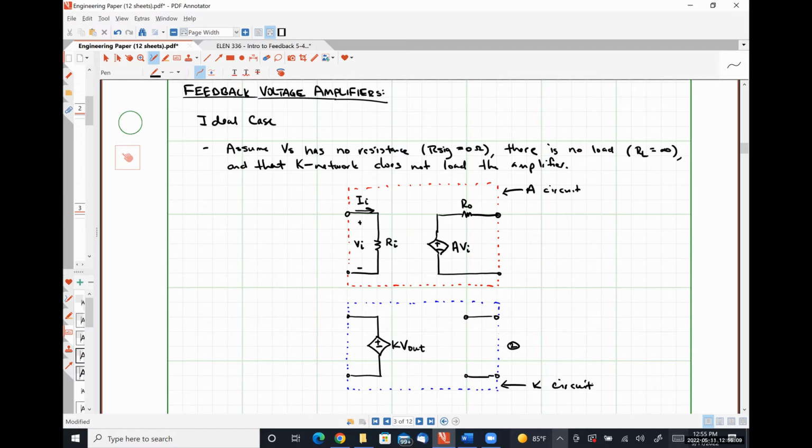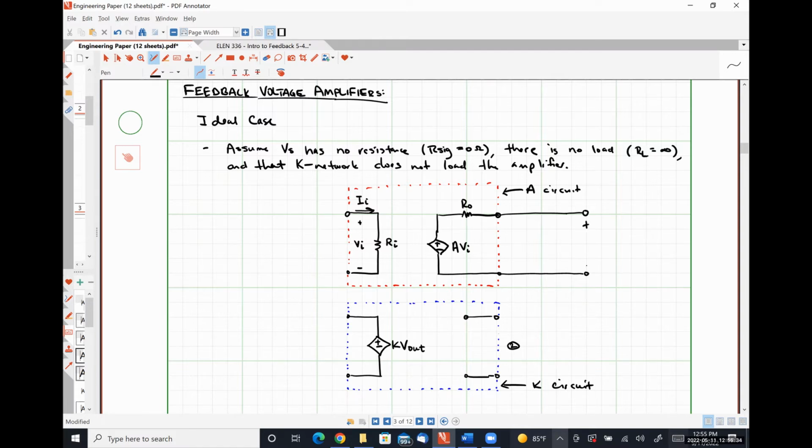Okay, so I'm going to go ahead and extend the output terminals of my output side of my open loop circuit so that I can connect my feedback network.